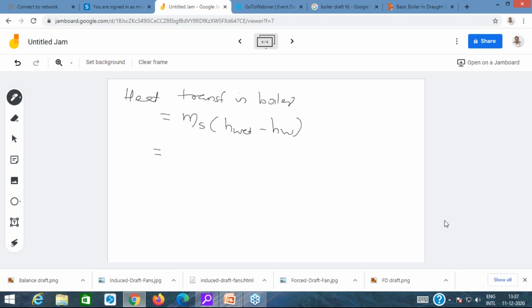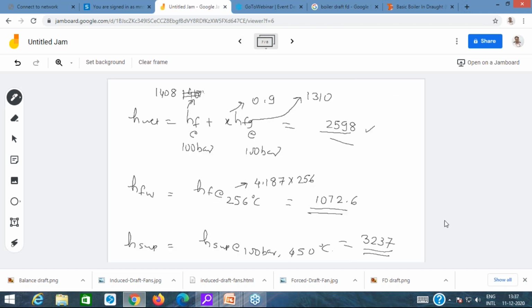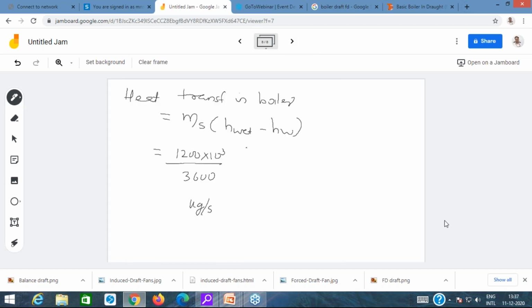M of S is 1200 tons, means 1200 into 10 raised to 3 kgs upon 3600. So that becomes kgs per second into enthalpy of wet steam, which is 2598 minus 1072. That gives me the answer in kilojoules per second.